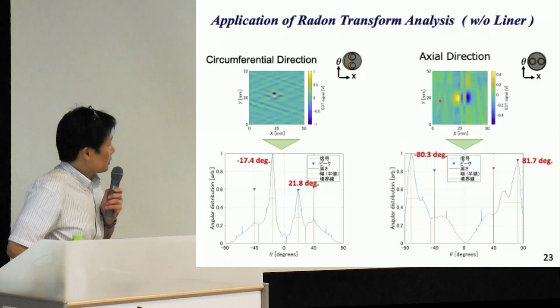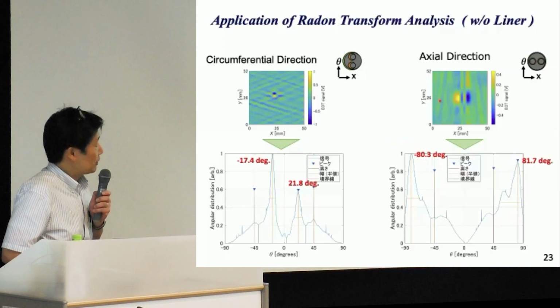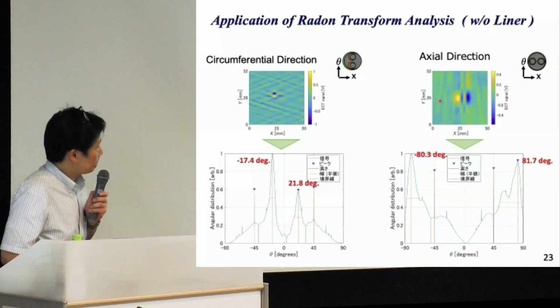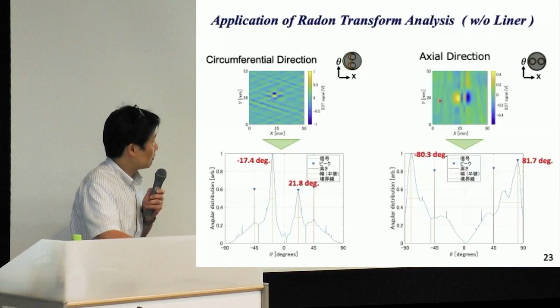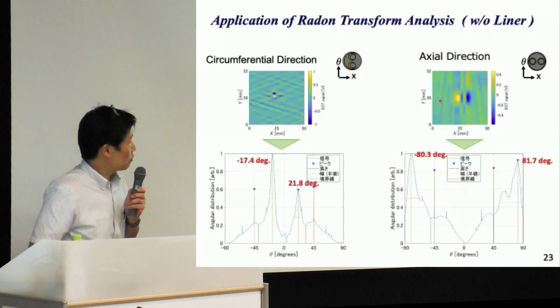So we think that eddy current testing is a very effective method to evaluate fiber information in CFRP components.